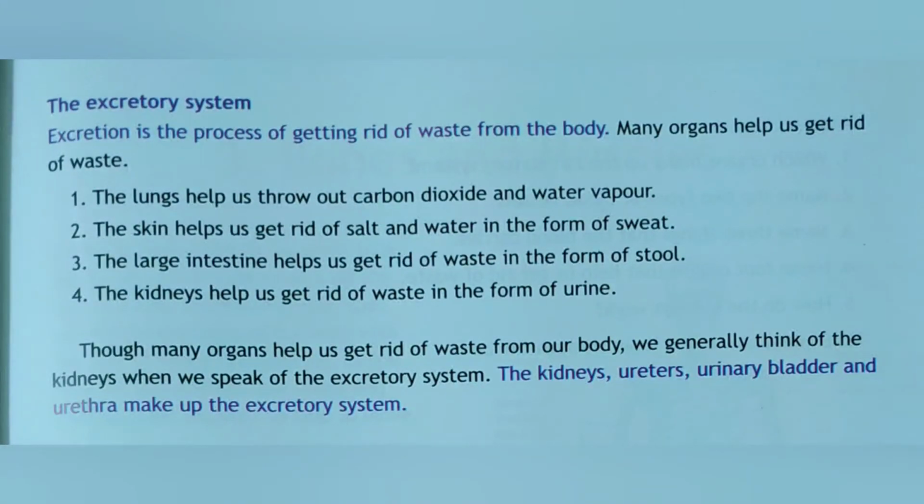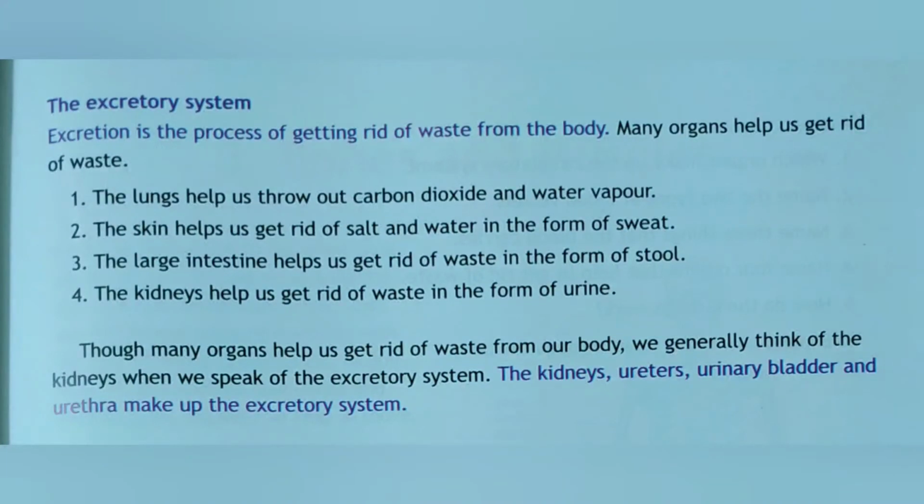So the first organ is the lung. Let's see how lungs help in removing the waste. The lungs help us to throw out carbon dioxide and water vapor. So when we breathe out, carbon dioxide and water vapor are given out, and the skin helps us to get rid of salt and water in the form of sweat.